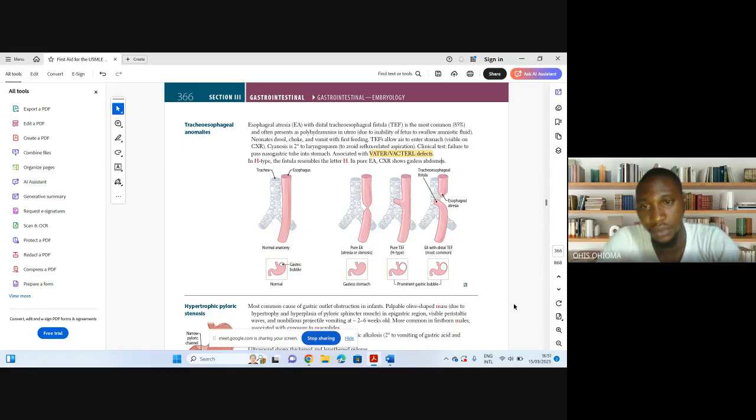So basically what's happening there is that gastric content is going into the respiratory tract, and of course that's how the body reacts. It also happens when you are eating and talking. You start coughing, you want to expectorate the food content, and you notice that you find it very difficult to breathe at that time. The reason you have that is laryngospasm as well. So cyanosis is a complication of tracheoesophageal fistula.